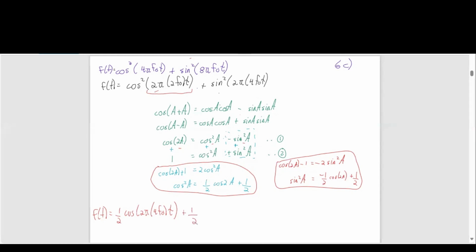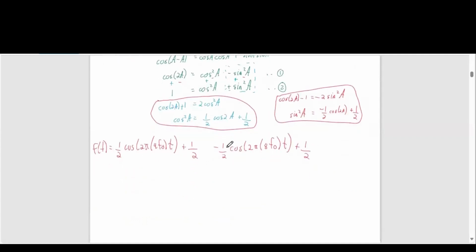And then the second piece is what we have for the sine squared, we have minus a half cos 2A. So we're multiplying it by 2 again. So that is this piece here. So it'll be 2 pi, and I get 8 f naught t, and then you have plus a half. Right.